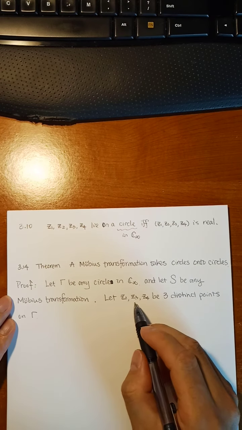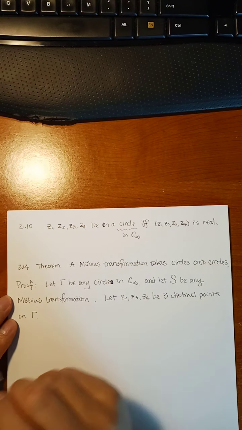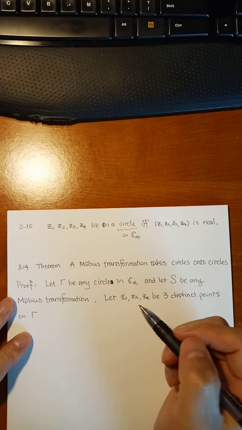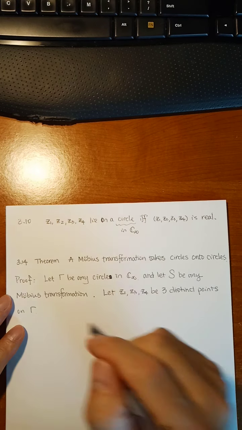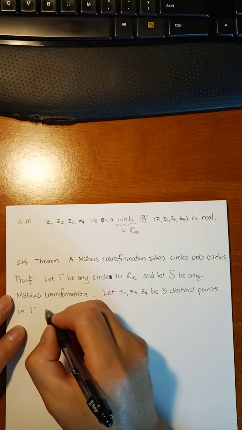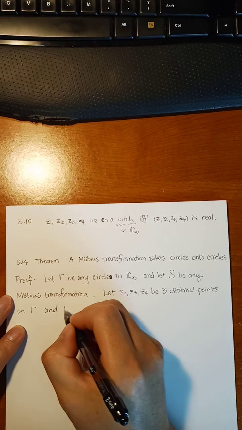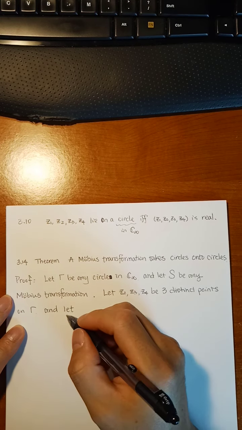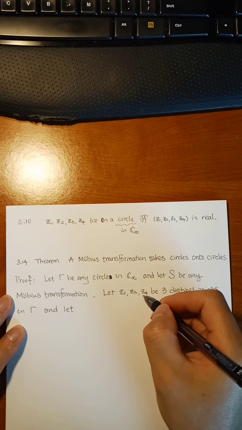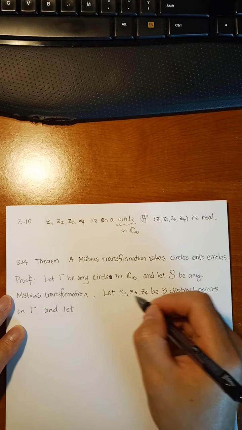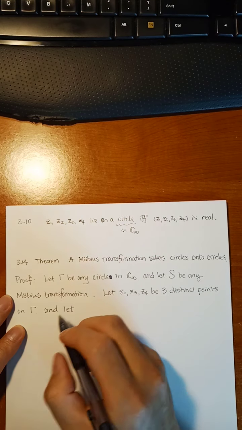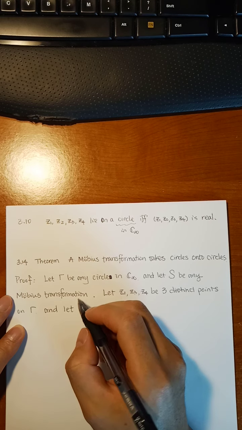And we also know that those 3 distinct points will uniquely determine this gamma, right? We also name the images of those 3 points under S by w.